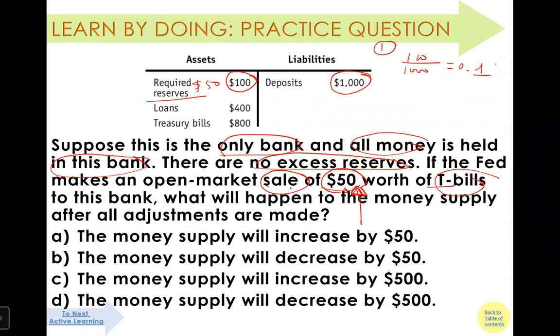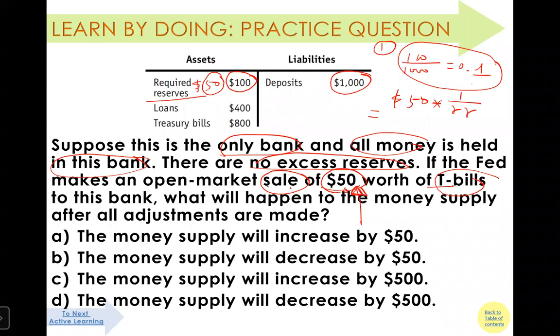Now, because the required reserve ratio is only 0.1, the bank must cut loans based on this $50 reduction in reserve. But remember, this money generating process is going to ripple through the economy, and eventually you have a $50 reserve change, and then you multiply by the multiplier, which is 1 over RR, the reserve ratio.